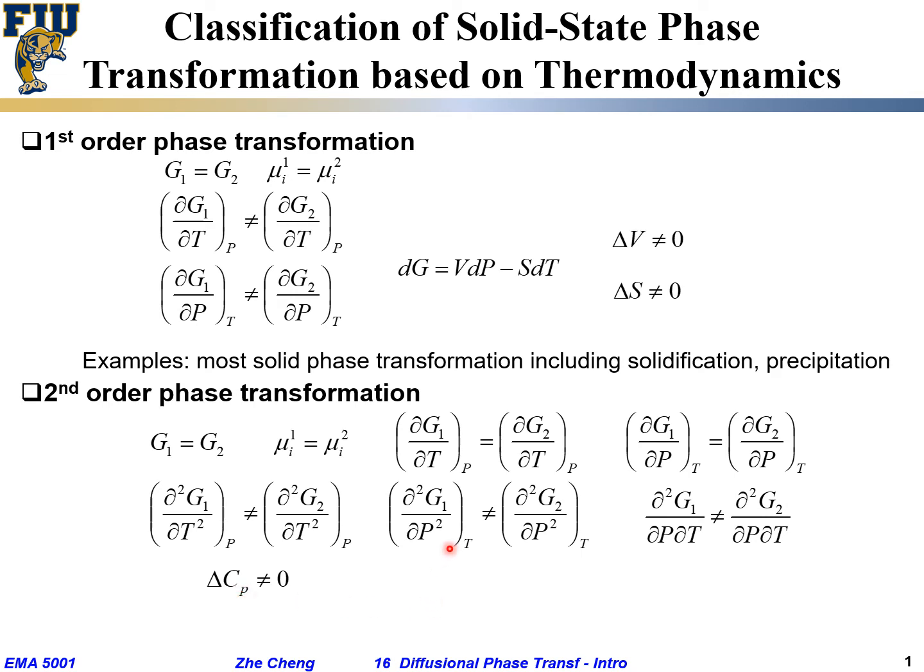While the second order partial differential with respect to pressure is not the same, means the compressibility of the material is not the same before and after the phase transformation. And finally, the last term is about the thermal expansion coefficient, which is not the same during the second order phase transformation.